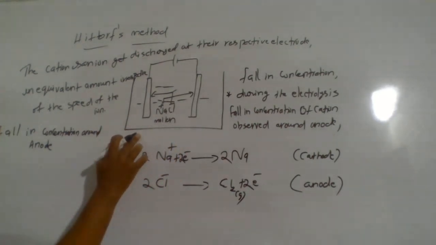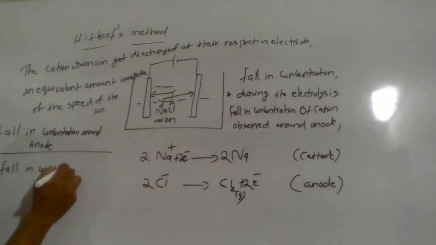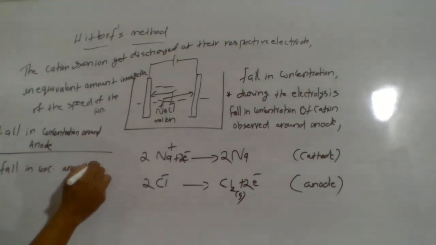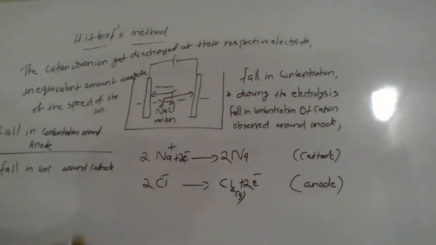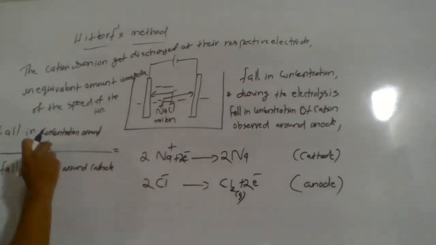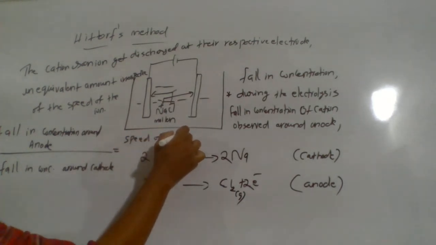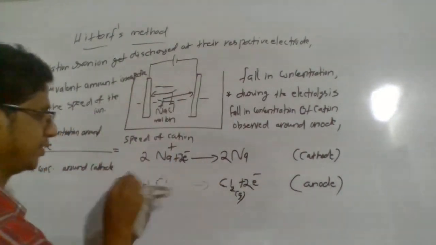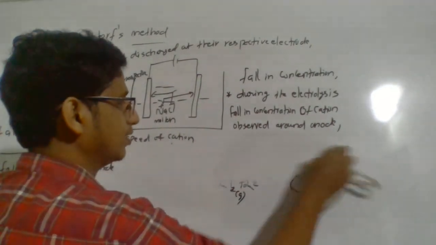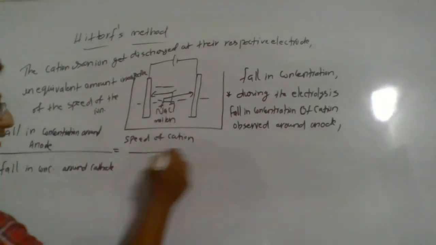Hence you can write like this: fall in concentration around the anode divided by fall in concentration around the cathode is equal to the speed of cation divided by the speed of anion.